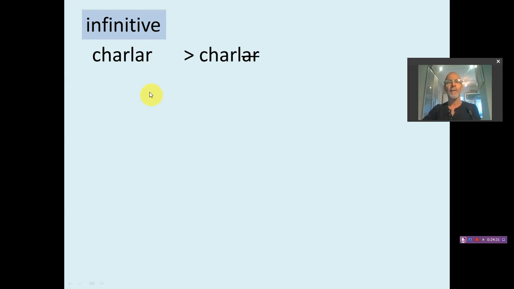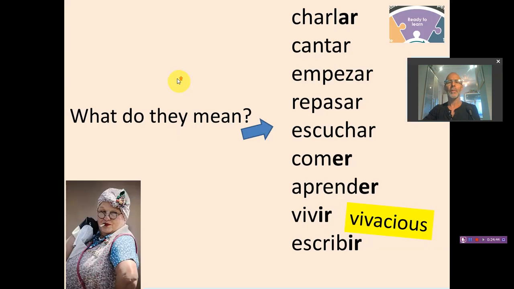So the first thing you have to do is, most of the time you have to chop off the ending. In this case, charlar is an AR verb, and you chop off the AR. So I'm just going to go back to show you our list. Do you remember me saying that there's three groups of verbs in Spanish?